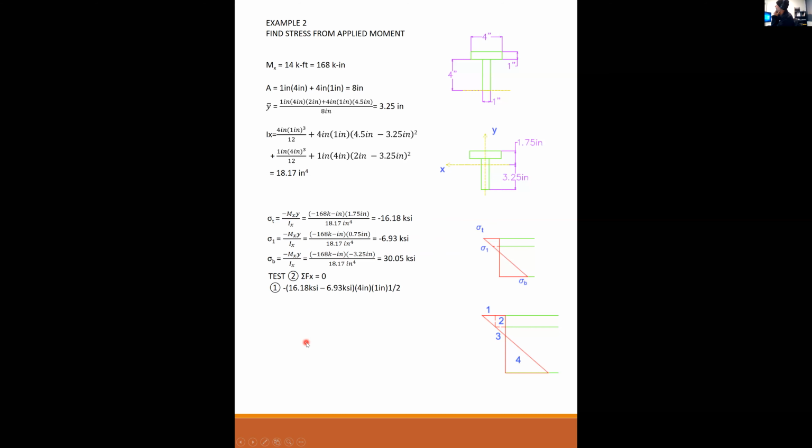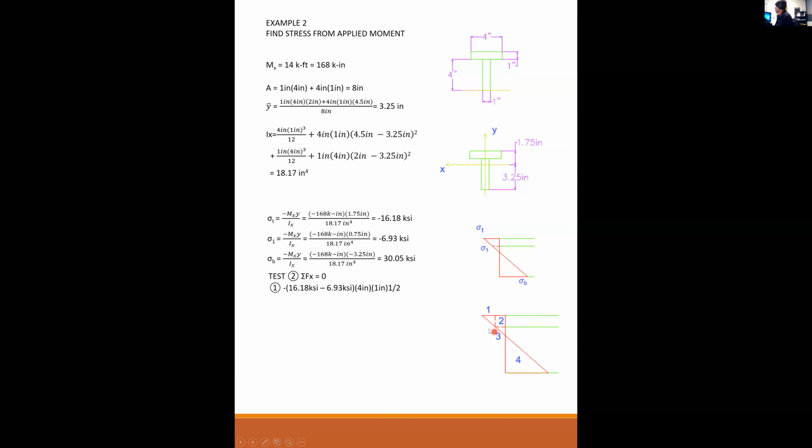All right, so what I'm looking for is the force resultant of each one of these segments, segment 1, 2, 3, and 4. So segment 1, the stress at the very tip here is 16.18, and the stress here at the bottom is this sigma 1, that's 6.93.